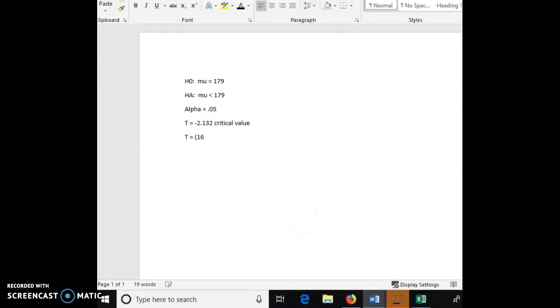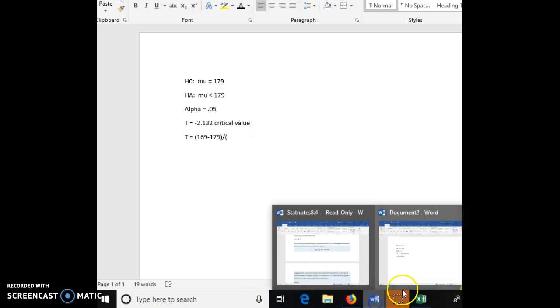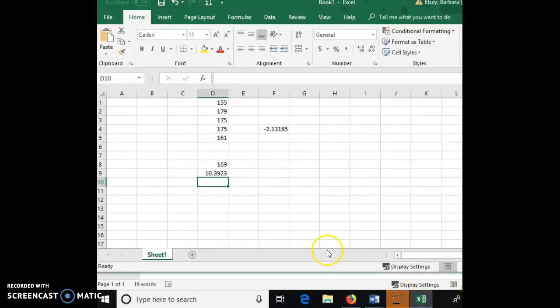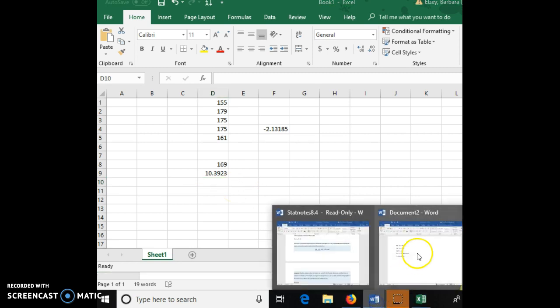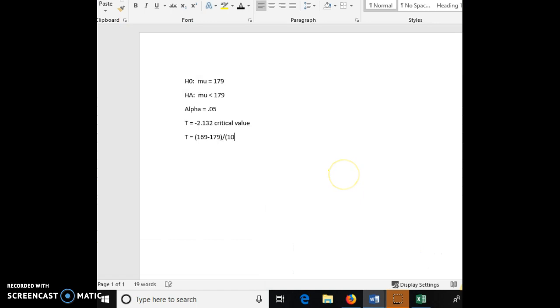So we'll have 169 minus the mean that we have for our population, 179, divided by, notice this is still the same calculation, our sample standard deviation, which was 10.3923, divided by the square root of the sample size, which in this case there were 5 in our sample.